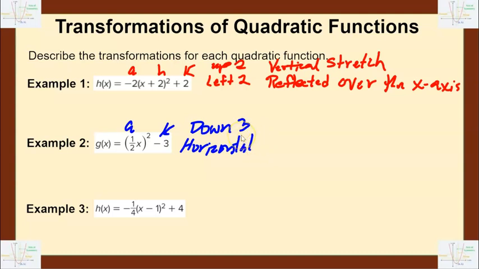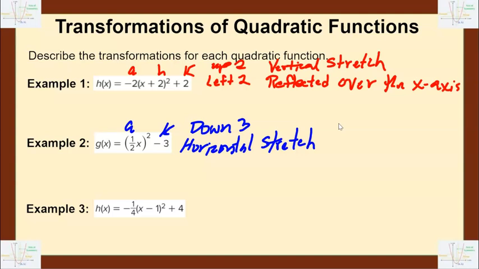So that means it's moving horizontally. Now I have to determine the absolute value of half, which is half, which is less than 1 but greater than 0. Since it's a horizontal dilation less than 1, it's going to be a horizontal stretch. And then since there's no negative, I don't have a reflection.